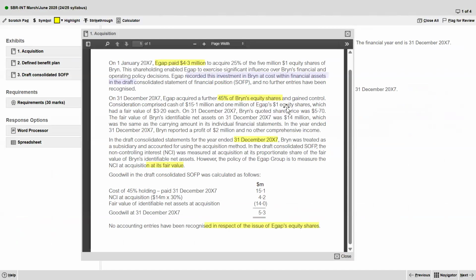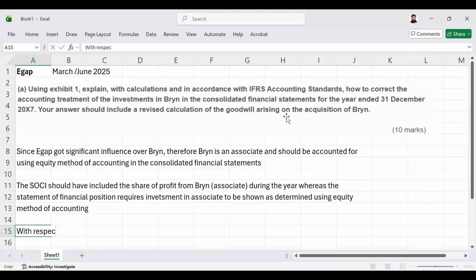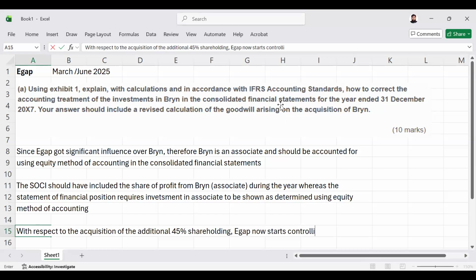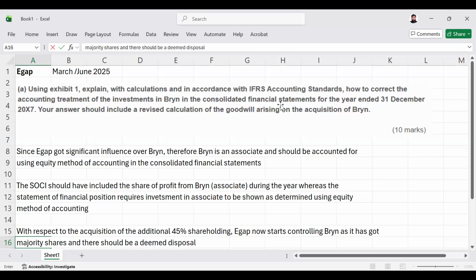Now see, with respect to the acquisition of the additional 45% shareholding, ICAP now controls Brine as it has got the majority of shares, and there should be a deemed disposal of the associate at the date of further acquisition.